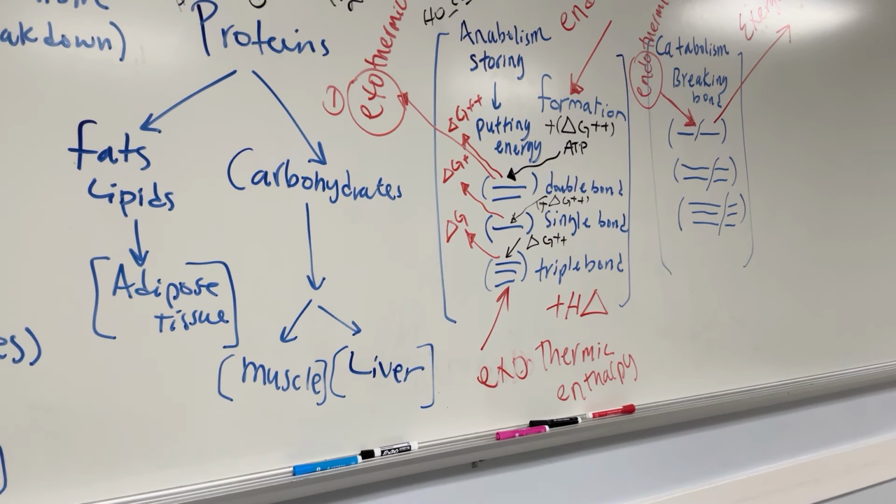Enthalpy is heat. Enthalpy is another word for heat. So when you see delta H, that is the enthalpy. Positive delta H means it's endothermic. Heat went in. You need to know that. If I put for you negative delta G, I don't need to tell you that is exergonic.